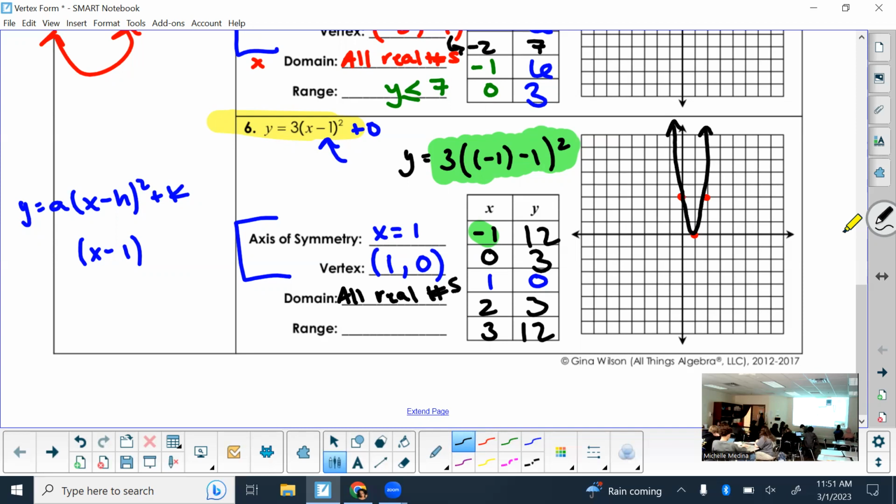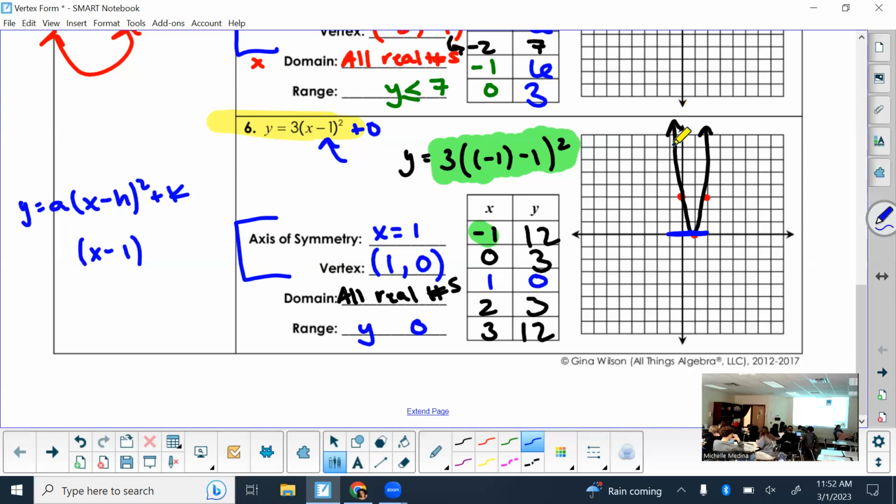Where does it look like it stops? Looks like it goes below the 1. Looks like it stops here. And that should match the y value of my vertex. Because by definition, vertex is your highest or lowest point. So that should match for the y where it stops.